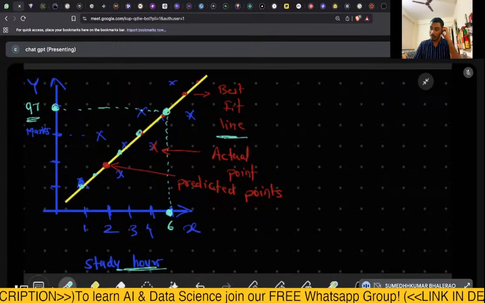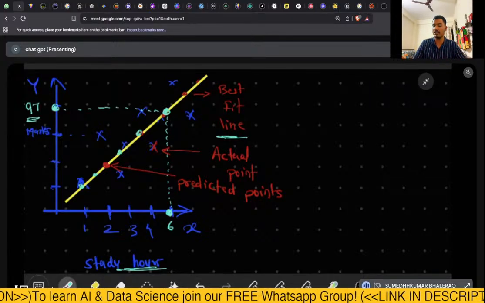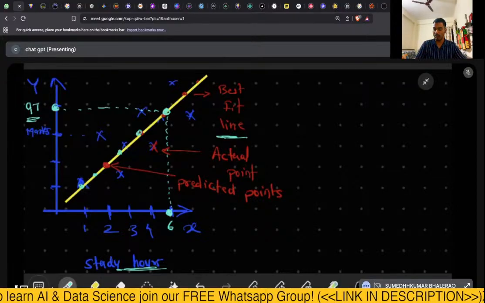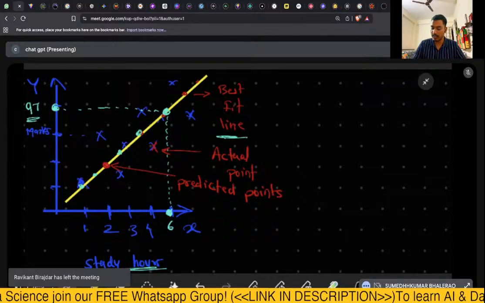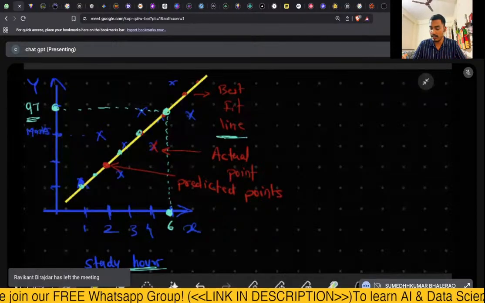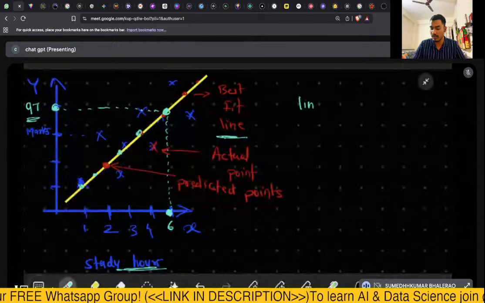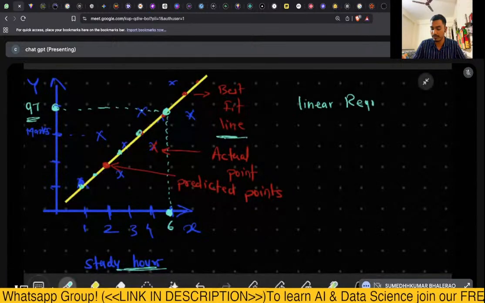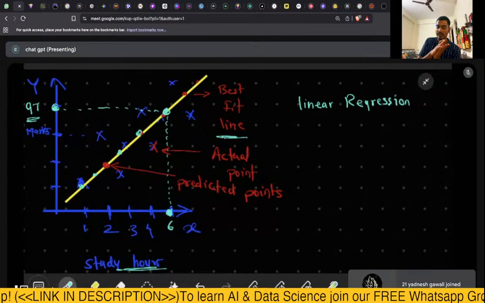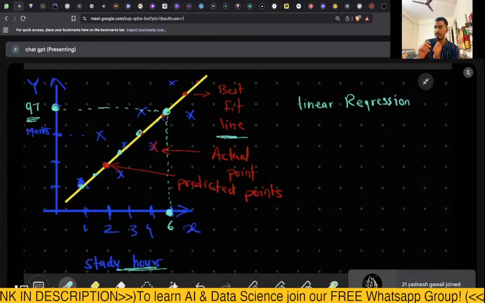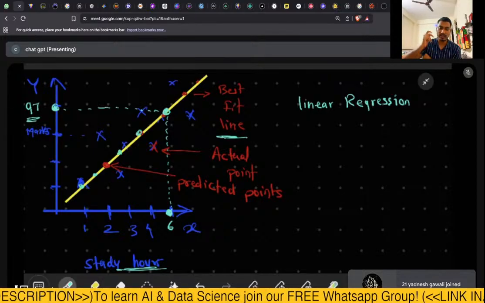But how is this line calculated, how is this line drawn? To draw this line we use linear regression. So we see one thing.